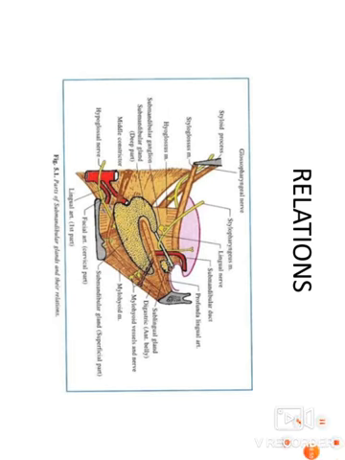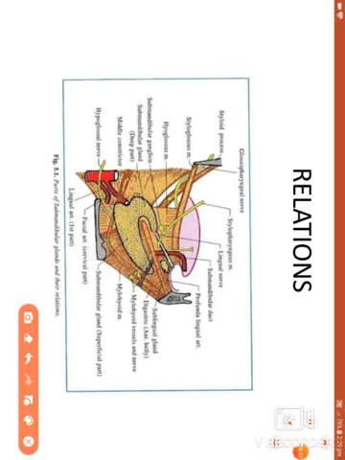Additional to that, see, from the deep part, the duct of this submandibular gland arises. Then, you can see this is the anterior, the sublingual salivary gland. This is the submandibular duct which arises from the deep part, runs upwards, forwards between this hyoglossus and this mylohyoid.